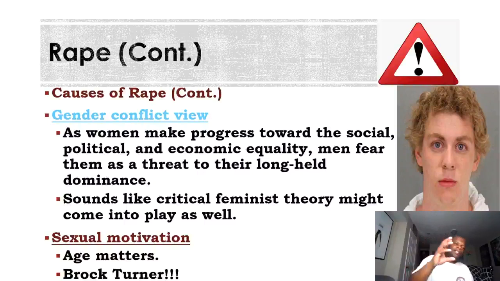And you've previously saw the video with Brock Turner a couple of modules ago, where literally he got 6 months in jail, and he's a free man, even though he lives in Ohio, for what a judge amounted to saying 60 seconds of fun. That's how they treated the victim at the time, Jane Doe. But again, for Brock Turner, his age, being a young man, college athlete, for him, it was all about sexual motivation, sexual pleasure. For older people, it's about exerting and exhibiting power.